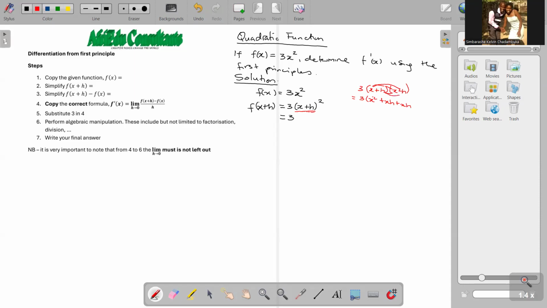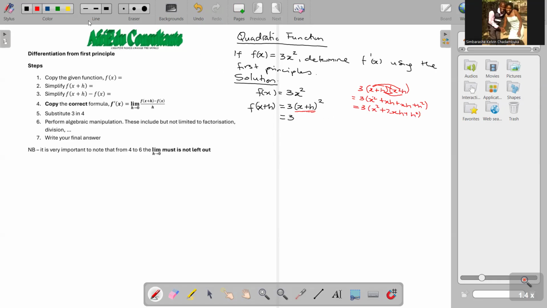Then the last terms, plus h squared. So this becomes 3 open bracket x squared plus xh plus xh. These are like terms, so we are going to have 2xh plus h squared.